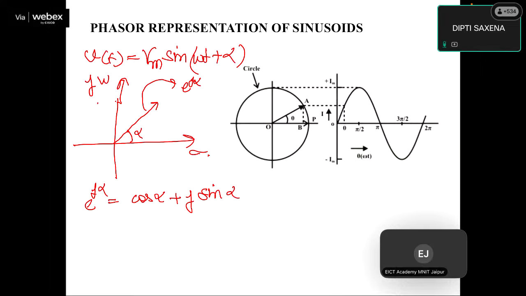As you can see, the sine component is the projection on the imaginary axis, the coefficient of the imaginary component. The magnitude of e raised to the power j alpha, cos squared alpha plus sine squared alpha, is always equal to 1.